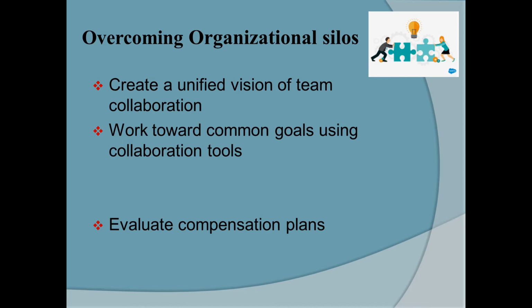Another one, work toward common goals using collaboration tools. There are a lot of collaboration tools that may be applicable for your organization. This is also a key element: educate, work, and train together. And lastly, evaluate compensation plans.